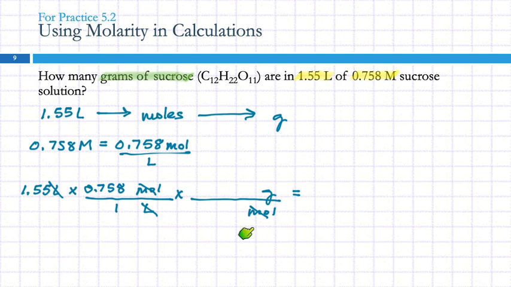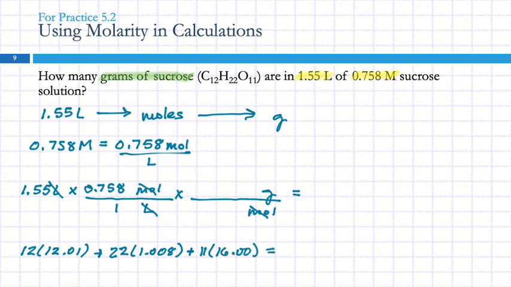And then here I need the molar mass, so I'm going to have to calculate that. So 12 times 12.01 plus 22 times 1.008 plus 11 times 16 is 342.296.